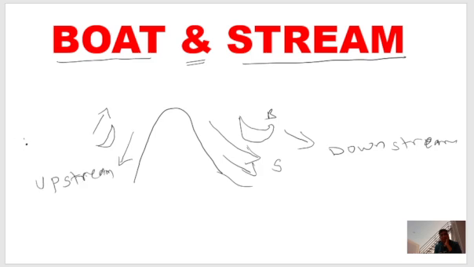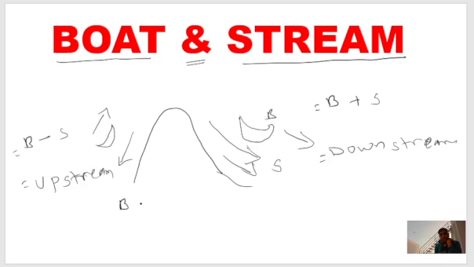It means speed of boat minus speed of stream equals upstream, and speed of boat plus speed of stream equals downstream. This is the one concept you have to understand.